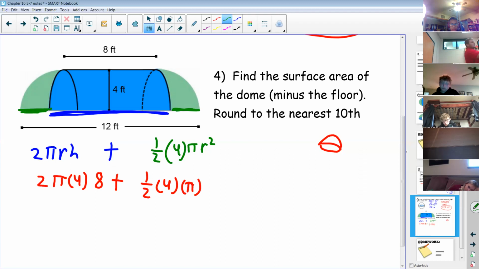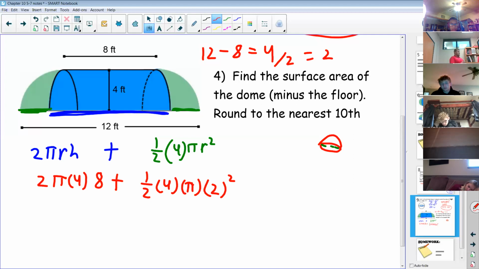And so that would be the diameter of our hemisphere. Well, the diameter is going to be 12 minus 8, right? And that gives us 4. But the 4 is not our radius, because that's the whole distance of that hemisphere. So that's our diameter. To make it the radius, we divide by 2 and find that our radius is 2. So then we take that times 2 squared.